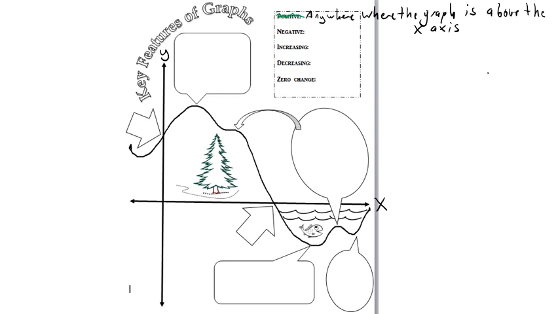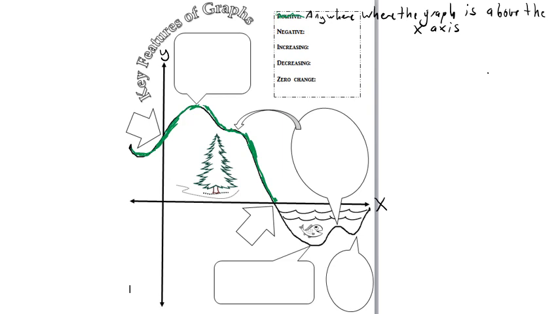So I know I'm positive right here, and I'm just positive the whole way, and I'm just going to shade that. You just keep going up until you hit right here. So everything above this point right there will be positive. It's everywhere above the x-axis.